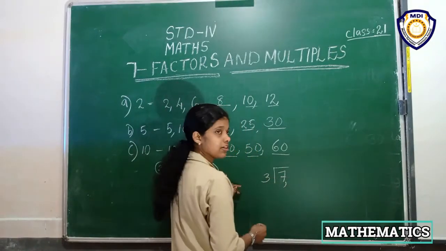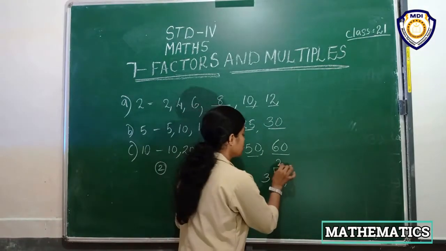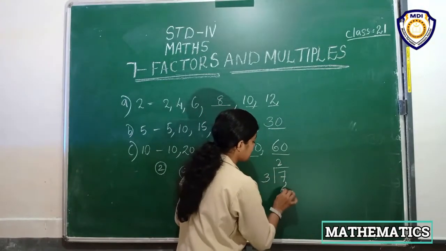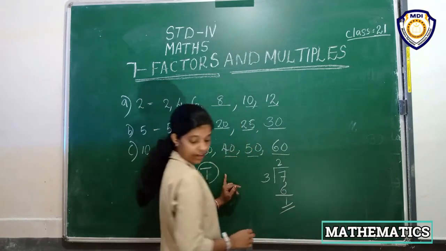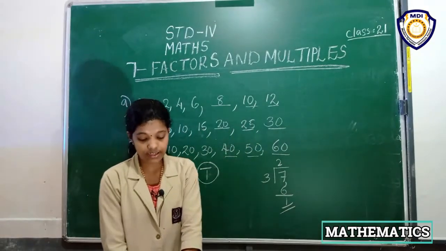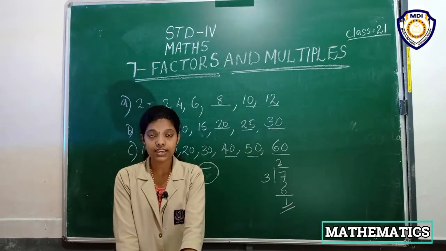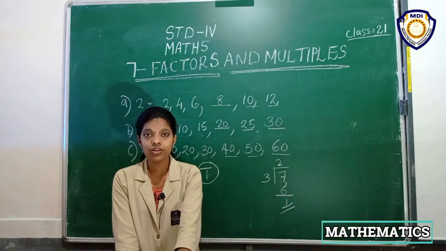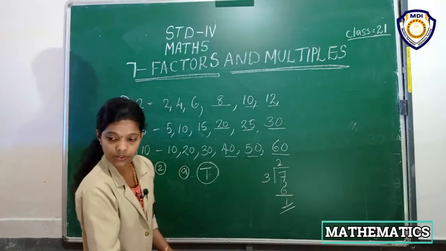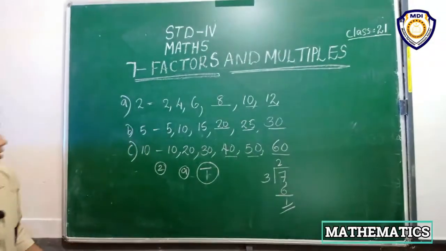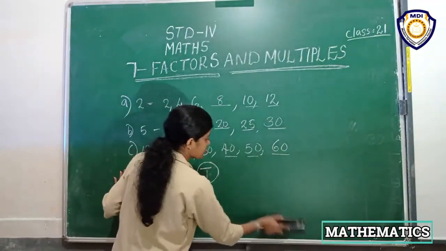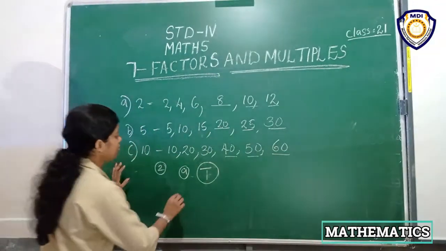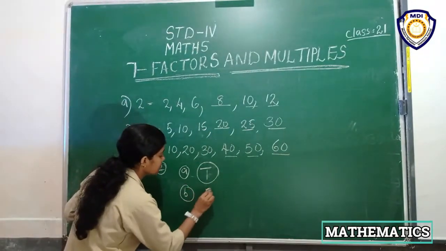How many times does 3 go in? 2 times. 2 threes are 6. The remainder is 1. So it is false. The second one is incorrect, false.